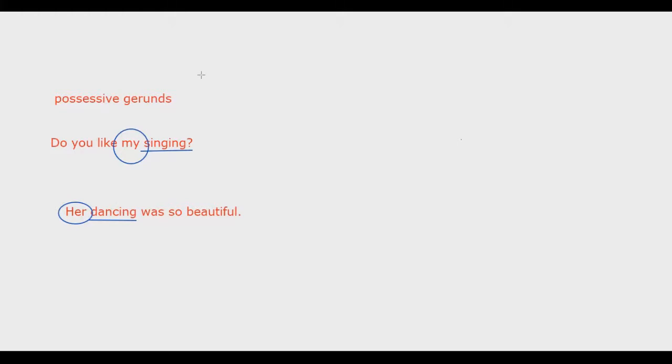So why am I mentioning this? Because there are people who will say things like this: I appreciate you coming here, versus I appreciate your coming here. Before I continue, I want to say that these two are technically correct, but they mean slightly different things.